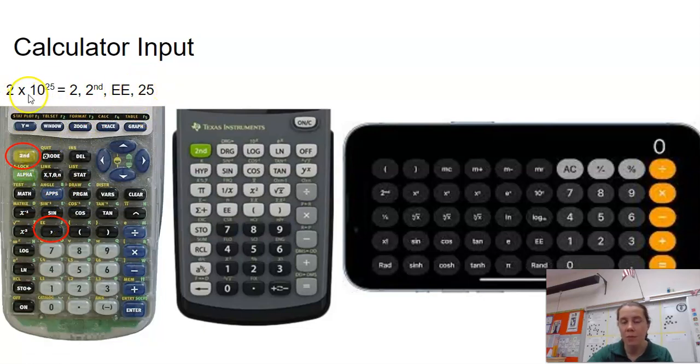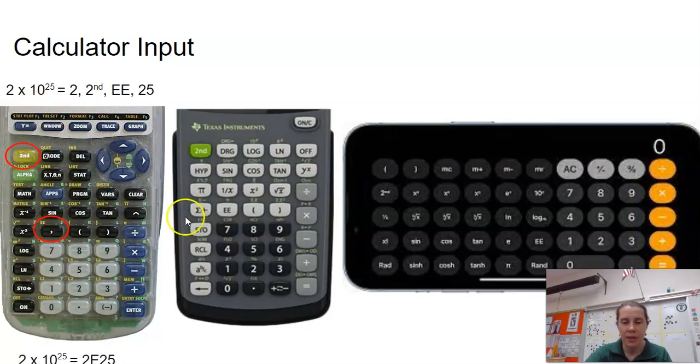For 2 times 10 to the 25th, you would do the 2, then hit the second button to get the EE, and then do the 25, which is the exponent. Notice there is no 10 in here, and there will never be a 10 when you use the EE button. It's included in that function that you are doing times 10 to something.